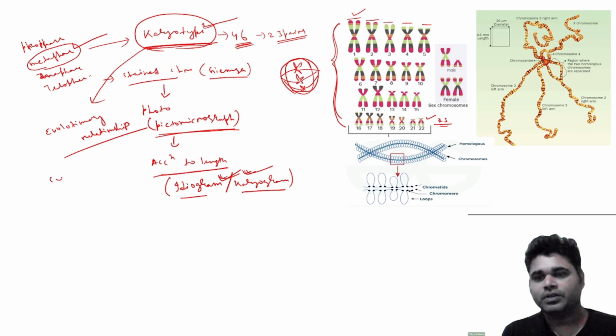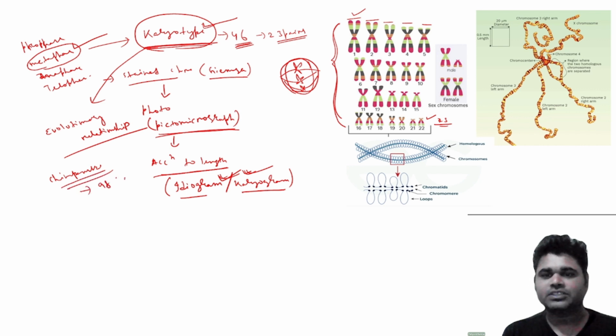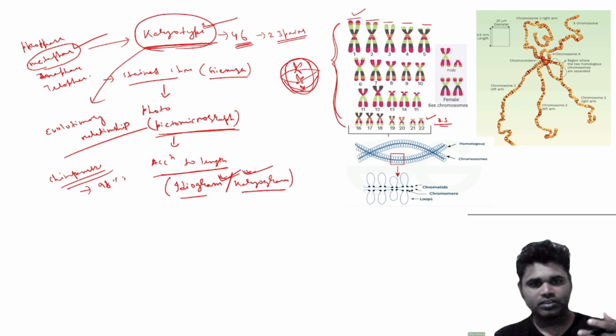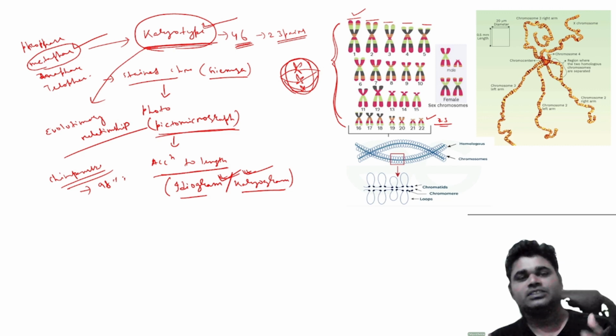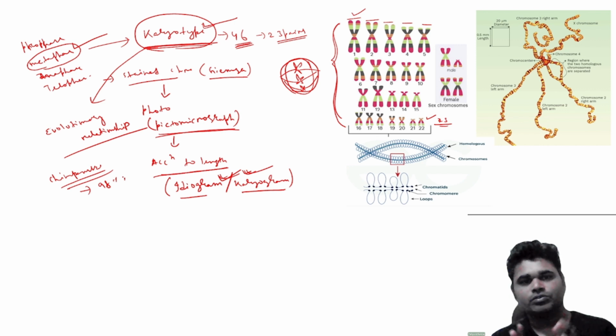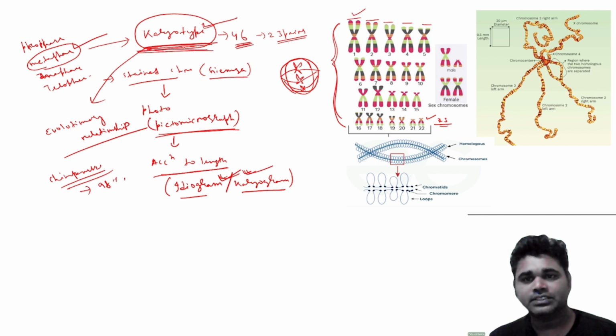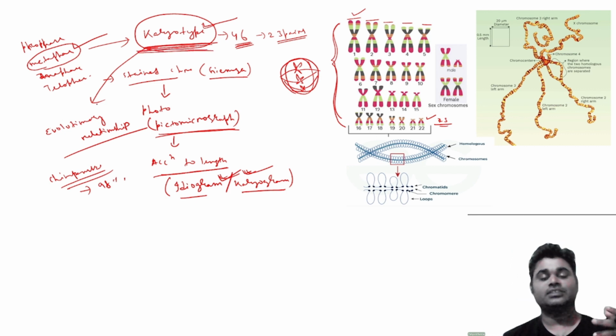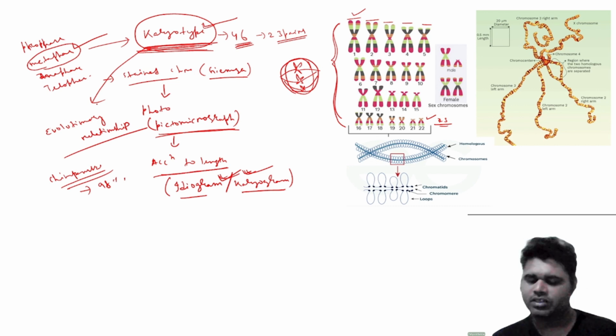For example, the chimpanzee has nearly 98% similarity of the chromosomes to those present in the human being. That means it can be concluded that the human being descended from the chimpanzee. So the karyotype helps in determining the evolutionary relationship between different organisms.